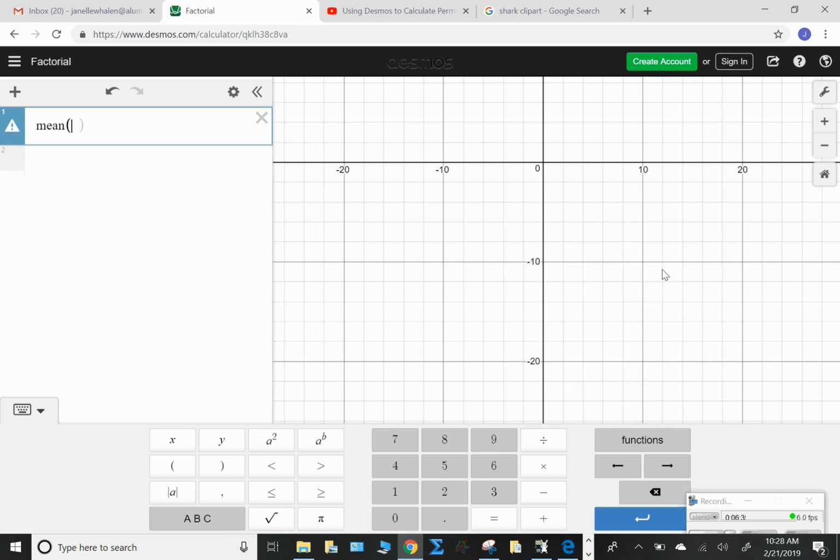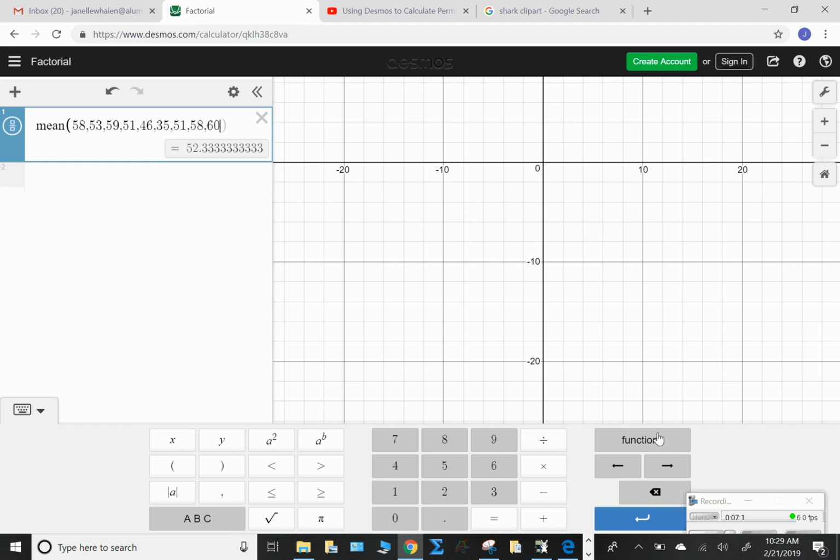And again, mode I've got to figure out myself, but I can type all the data in, 58, 53, 59, 51, 46, 35, 51, 58, and 60. And then as I keep typing them in, it keeps giving me the new mean. So now I've got the mean.